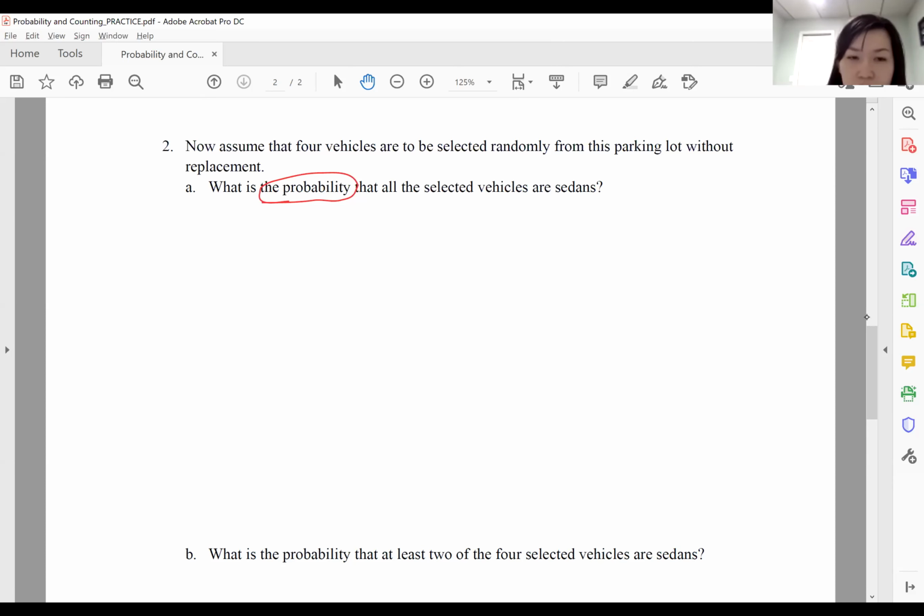If I have to choose 4 vehicles randomly from a list of 140 vehicles, in how many ways can I choose 4 vehicles? Just give me the expression. 140C4. Thank you. So 140C4 is the total number of possible ways in which you can choose 4 vehicles. Recall, the probability is nothing but a relative frequency.